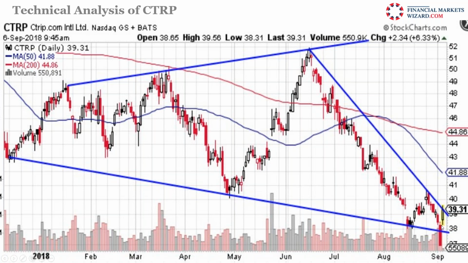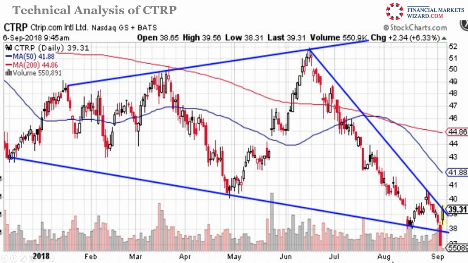This gap was the first signal. This is a downward sloping trend line, and this is a downward sloping resistance line. So the stock is sandwiched in between.